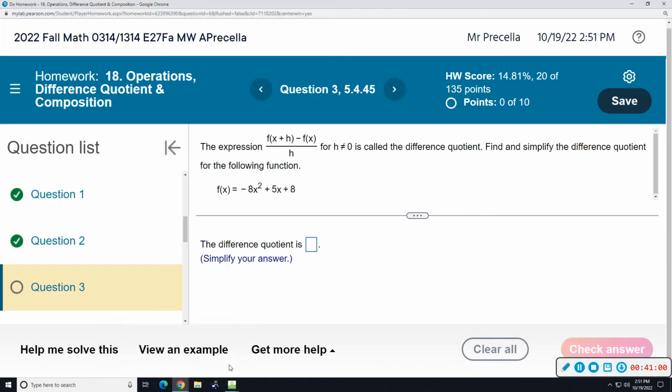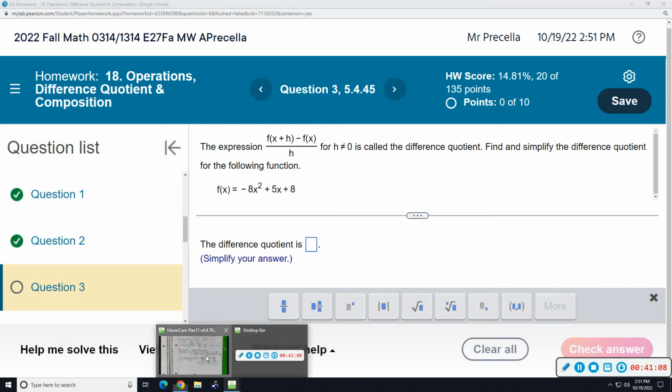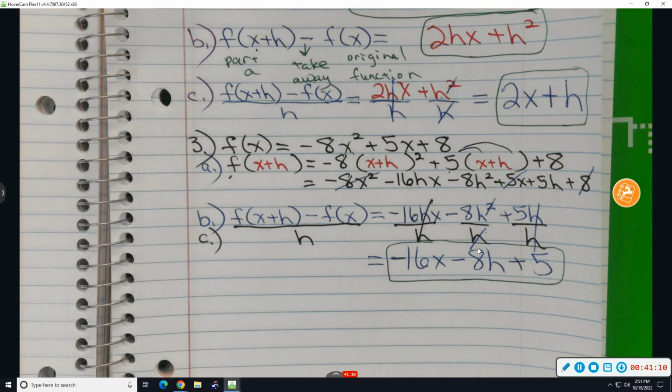Come over here. I'm going to type in. All they want is that f of x plus h minus f of x over h. All we type in is the final answer. I still broke it into 3 parts because breaking it into those 3 little parts, I think your brain can process it better.